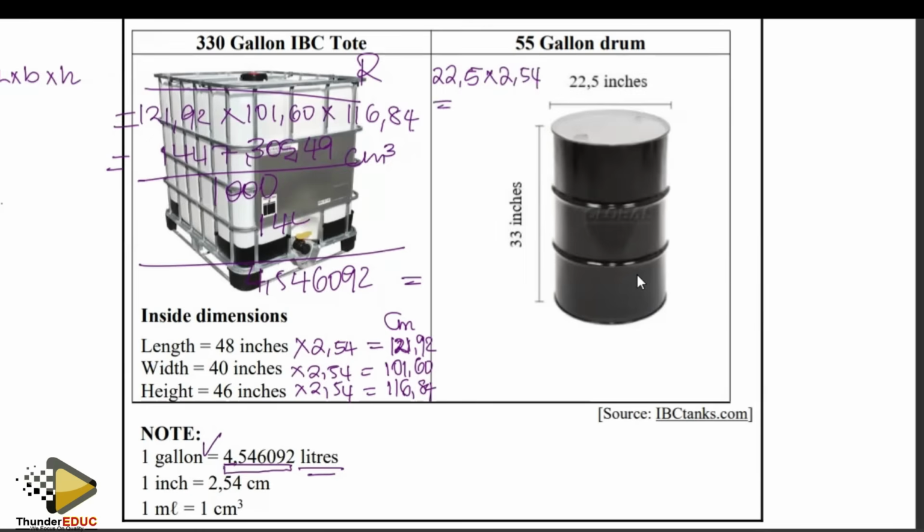What are we doing? We are looking for centimeters. So 22.5 times 2.54, we end up at 57.15. So we divide this by 2, because I'm looking for the radius now. 57.15 divided by 2, I've got my radius as 28.575.